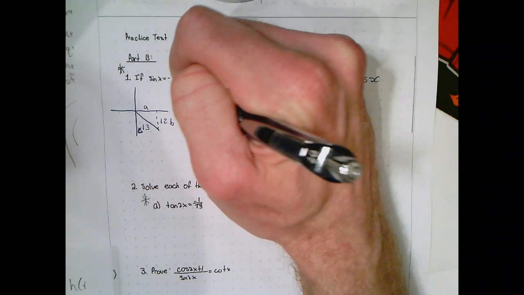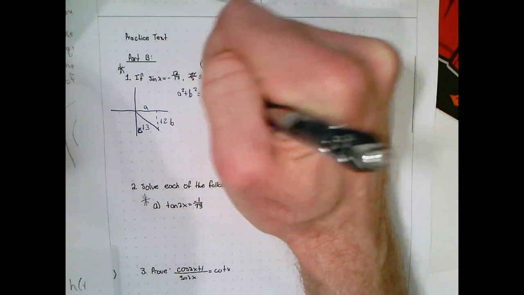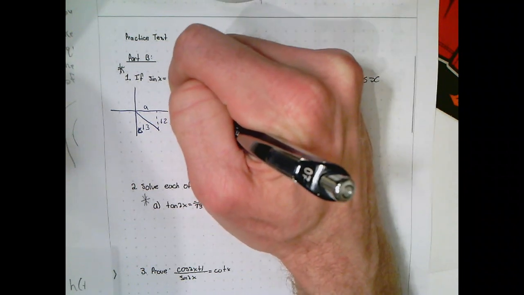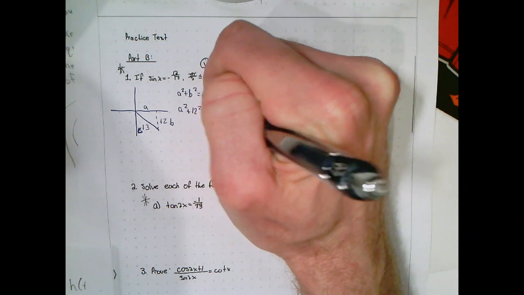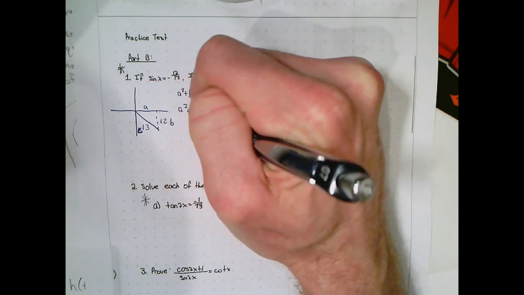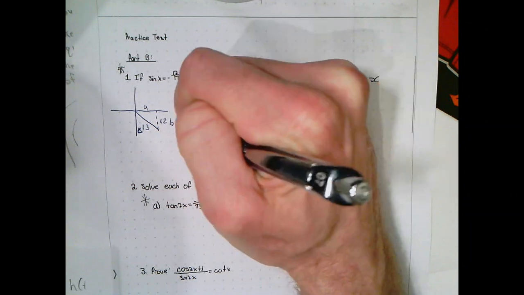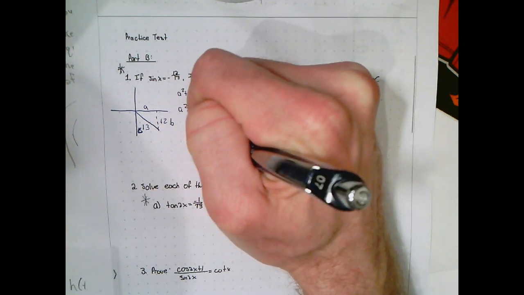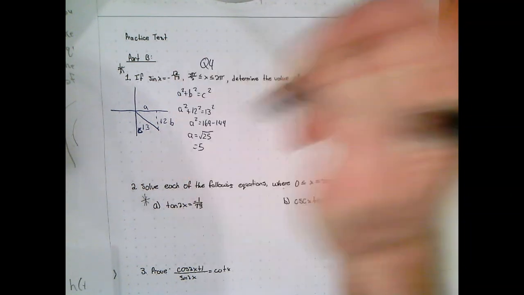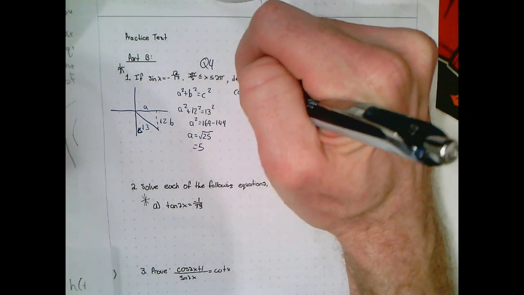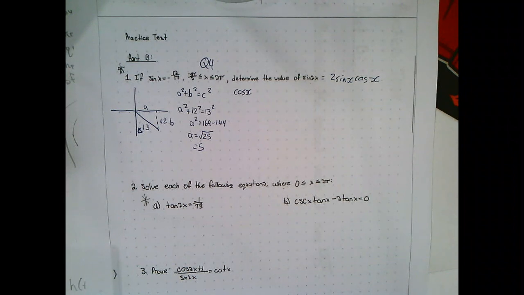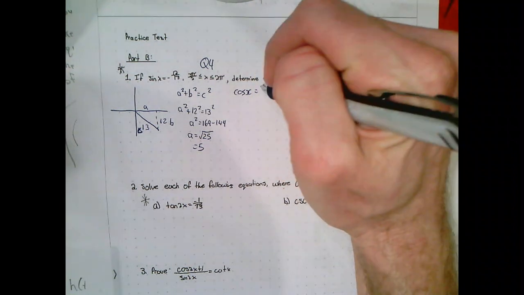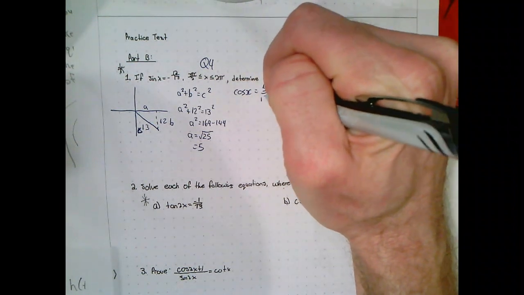So A squared plus B squared equals C squared gives us A squared plus 12 squared equals 13 squared. So A squared is equal to 169 minus 144. So A is root of 25, which is 5, which means that the cos of x, and it is a quadrant 4 answer for x, so it is positive, is going to be equal to 5 over 13.